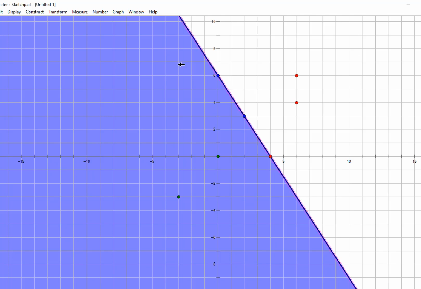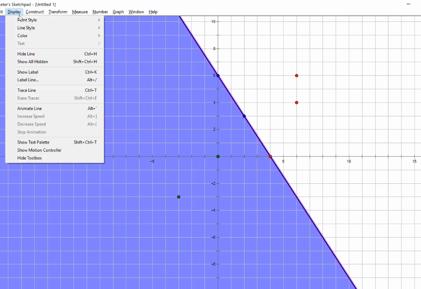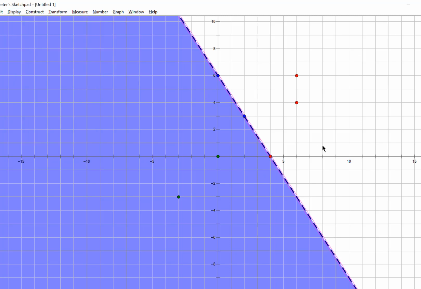But the line itself is not a solution. So when your plane divider is not a solution, we want to plot it as a dashed line. This is what we consider an open half plane, meaning that everything below the line, but not including the line, would be a solution to the inequality.